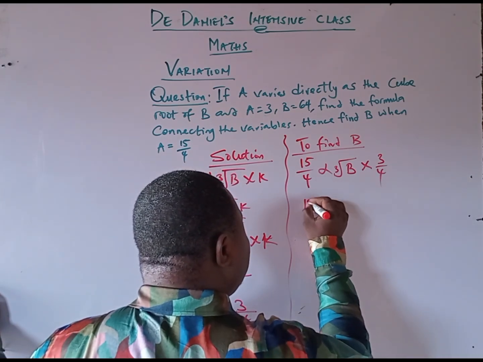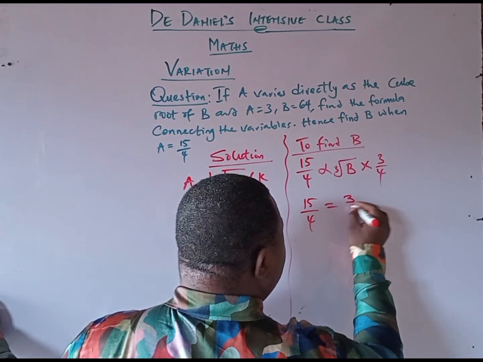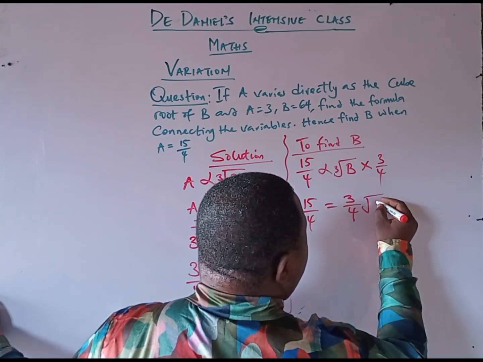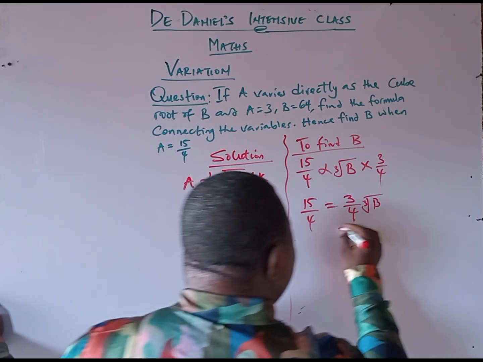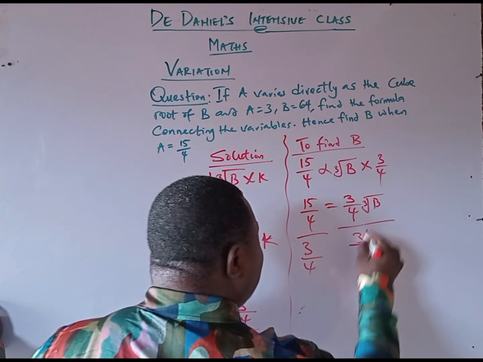So we have 15 over 4 equals 3 over 4 times the cube root of B. Here we divide both sides by 3 over 4, so we eliminate this.